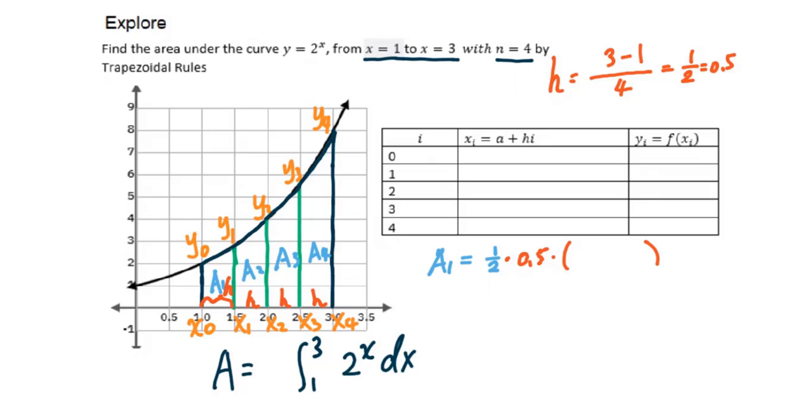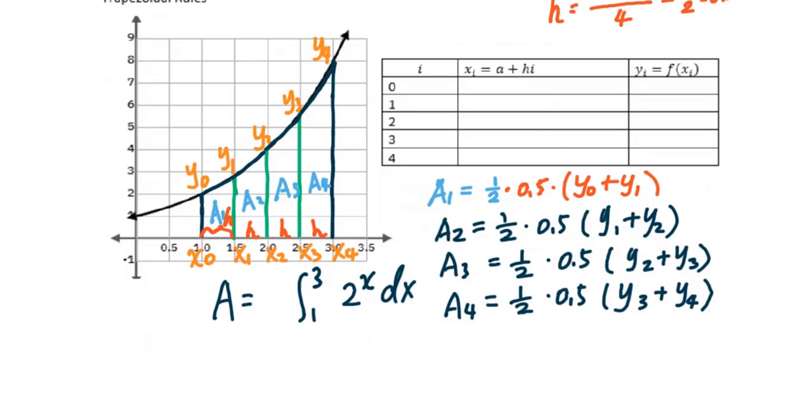We will do y0 plus y1. Use the same way, you will get A2, A3, A4. Therefore, for the area, we add these together. Since for each expression we have 1/2 times 0.5, we do the 1/2 times 0.5.